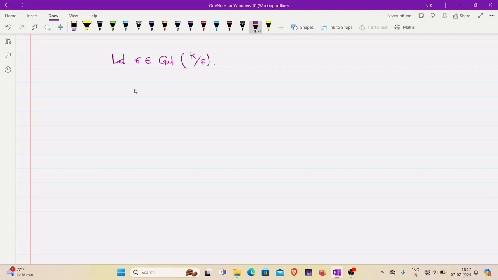Then sigma of nth root of a is also a root of x^n minus a equal to 0.